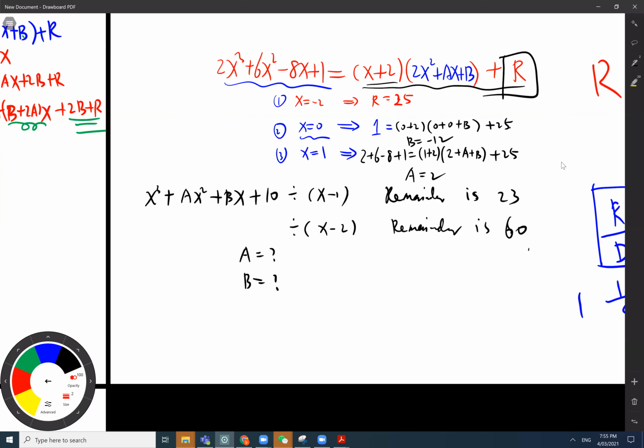If you substitute x equals 1, 23. x equals 2.